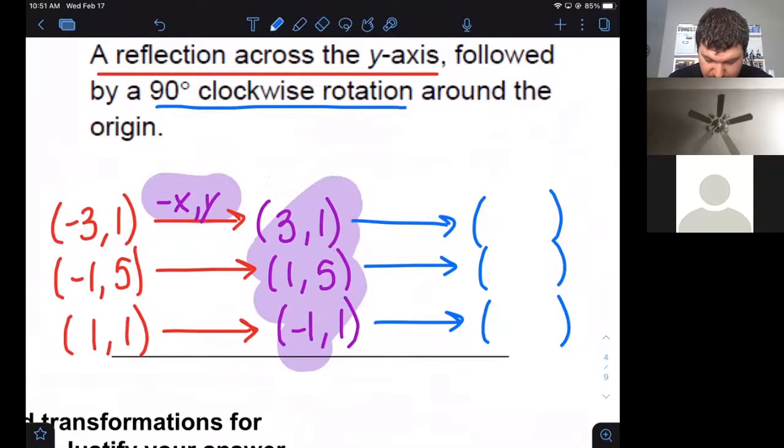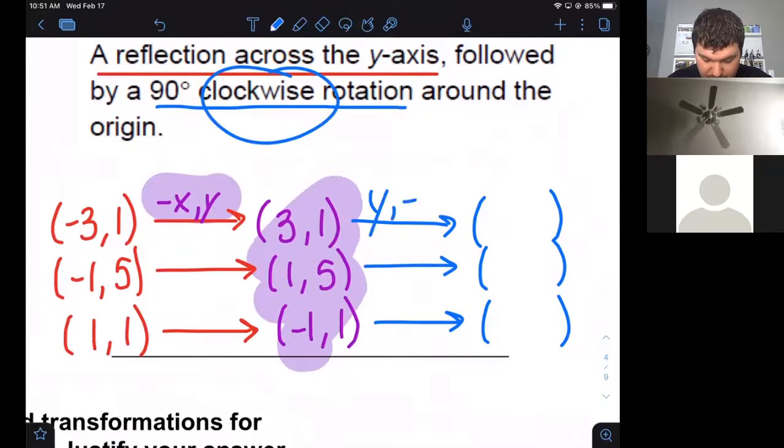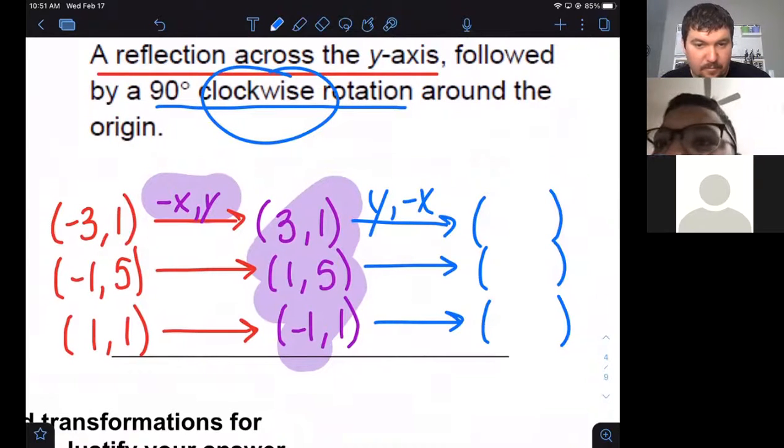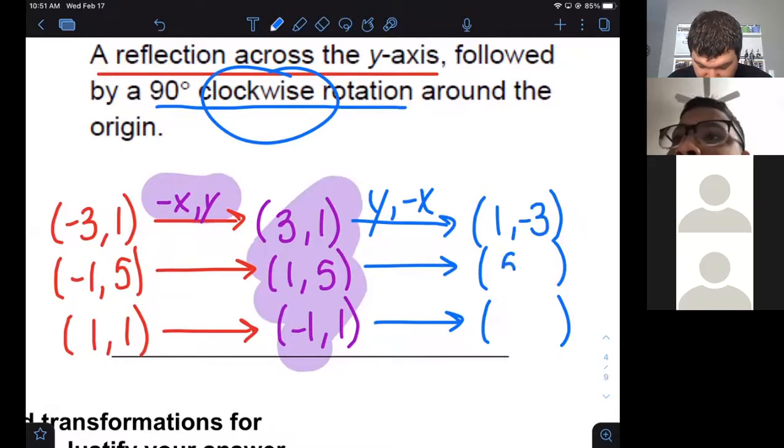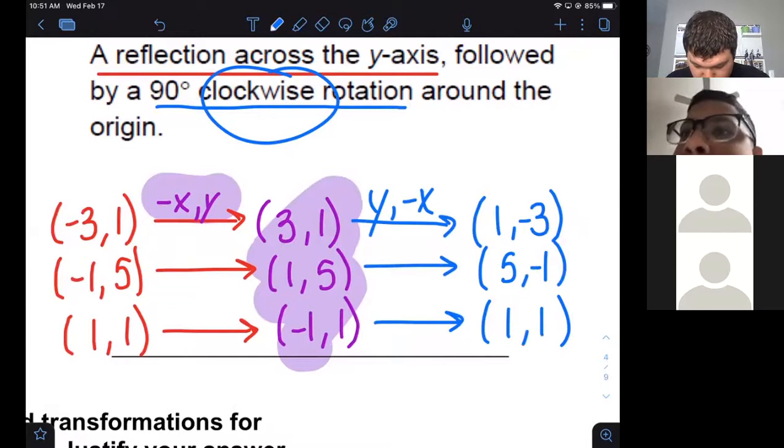It's going to be -x for our clockwise and then flip them. So y comma -x. The x that we just made negative in the previous one, we're going to make the opposite again. And so it's going to be back to -3, but it's going to be 1, -3. And 5, -1. And 1, 1.